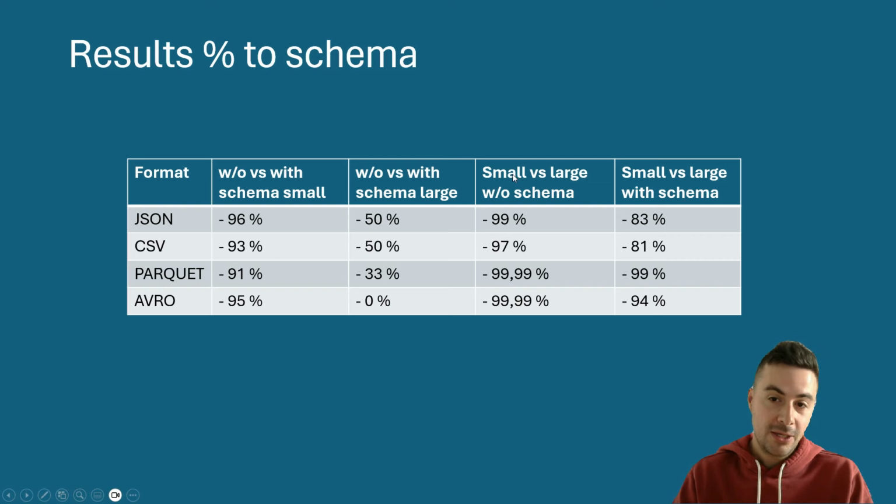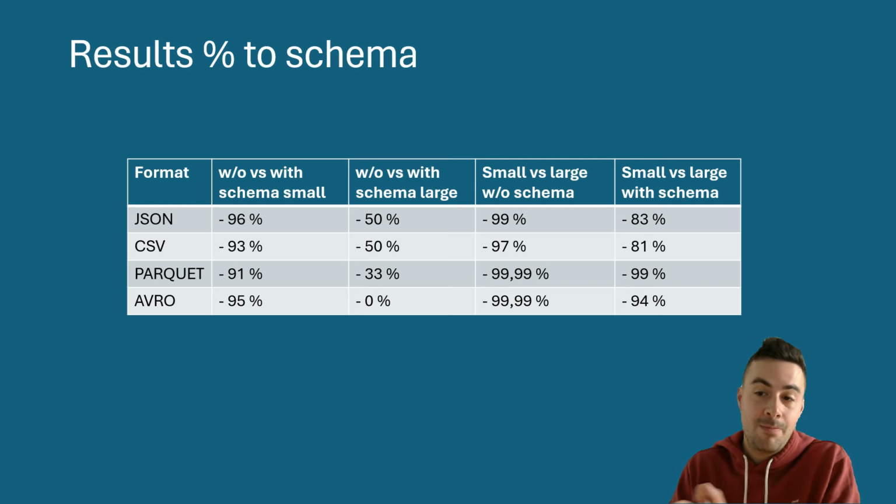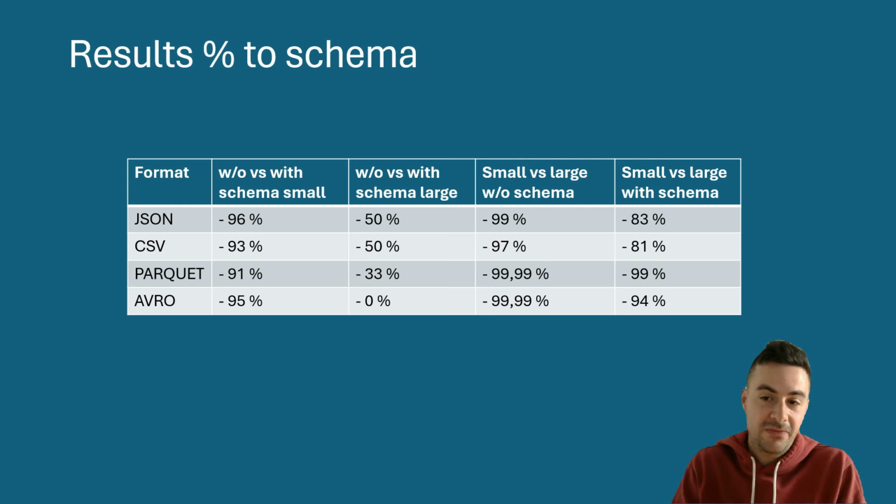And well, small files versus large files is also a 99% difference. So JSON is 99% faster if you save it in bigger files than in small files. That's what it says here. And for Parquet, it's even more extreme. Here, basically, it's negligible how fast it is when you have bigger Parquet files.